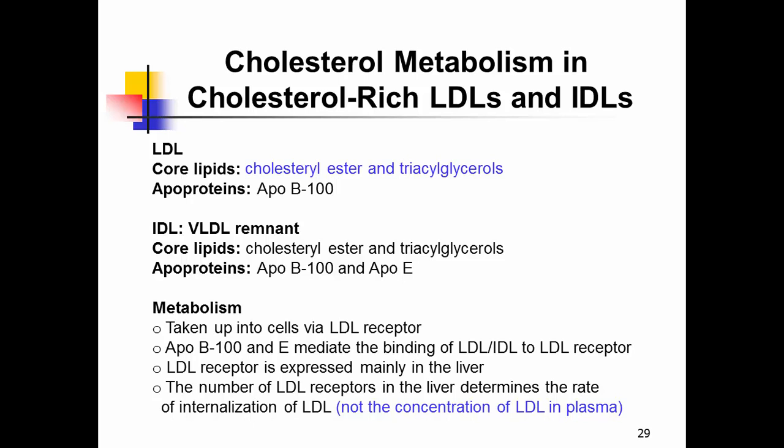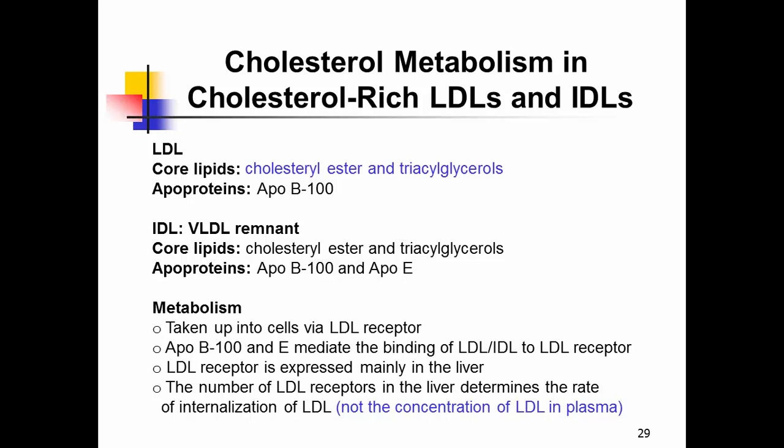So LDL can be taken up by the peripheral cells through the so-called LDL receptor mediated mechanism, right? LDL has to be recognized by the LDL receptor on the peripheral cell surface, then it is able to be taken up into the cell.